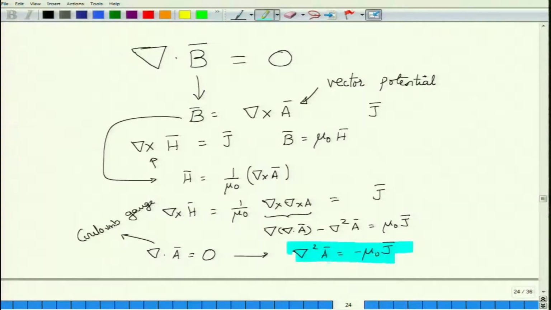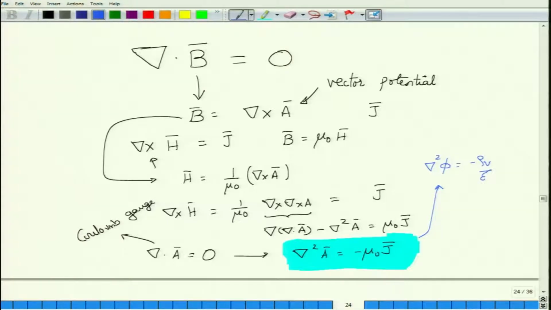This equation is actually very similar to another equation that you have already seen. What is that equation? Well, do you remember del square phi is equal to minus rho v by epsilon naught in a medium, where rho v was the volume charge distribution and phi was the electric scalar potential?